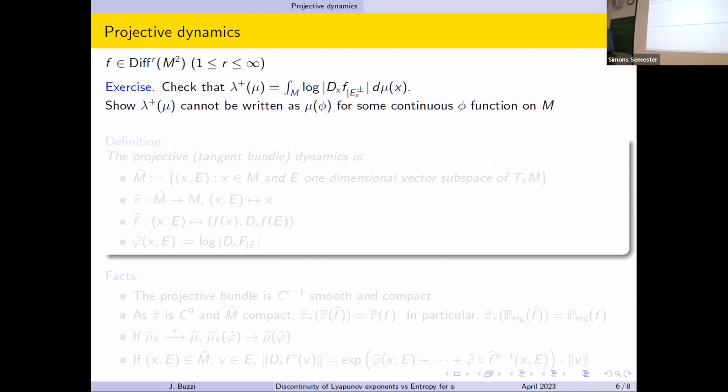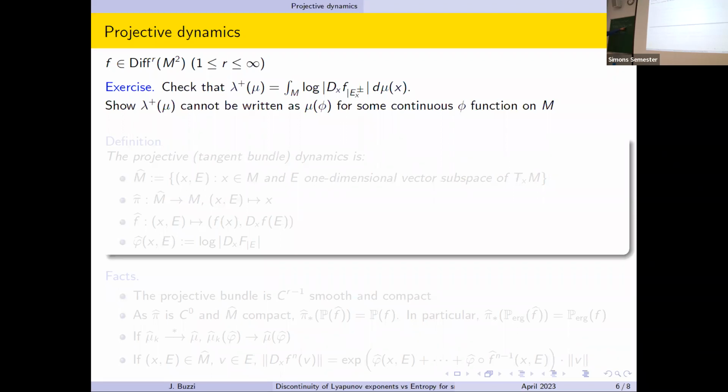Okay, sorry. So I go back to the exercise. If we use Oseledets' theorem for a measure which lives like that, I realize now that I should formulate this differently, but let's pretend that I don't see the problem, you have that the top Lyapunov exponent is an average of some function.